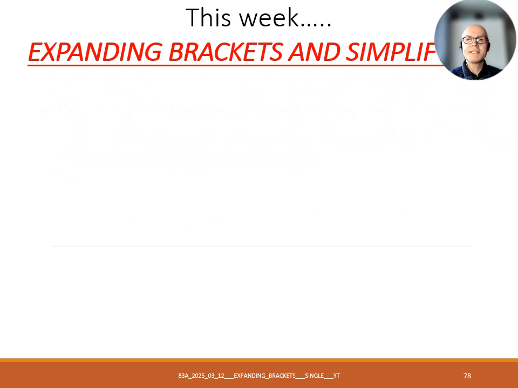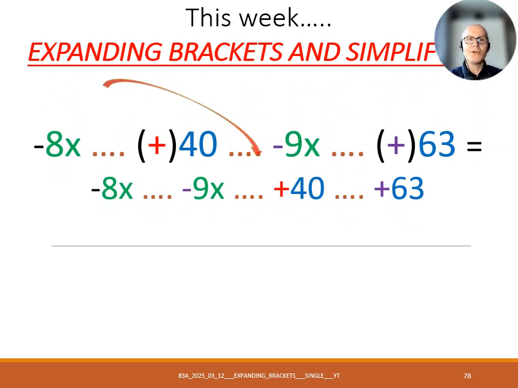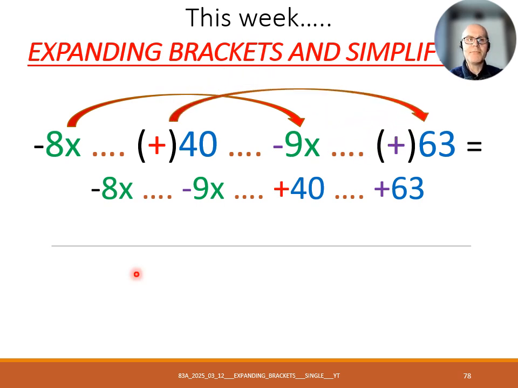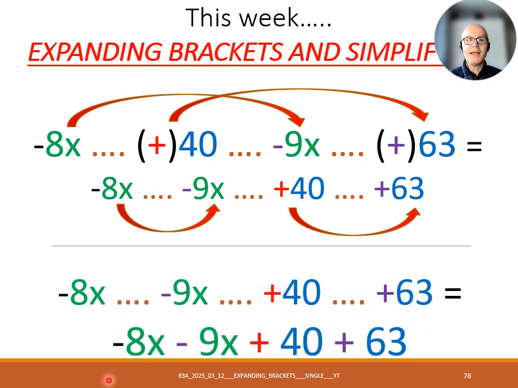Collect our like terms together. In this case, we have got 2 lots of x's and 2 lots of numbers. Put them beside each other. Put the x's beside each other and put the numbers beside each other. Then change the signs to functions. Negative 8x subtract 9x plus 40 plus 63.